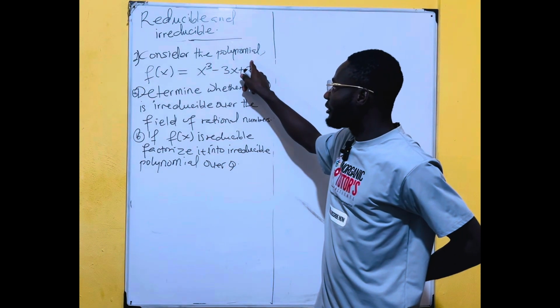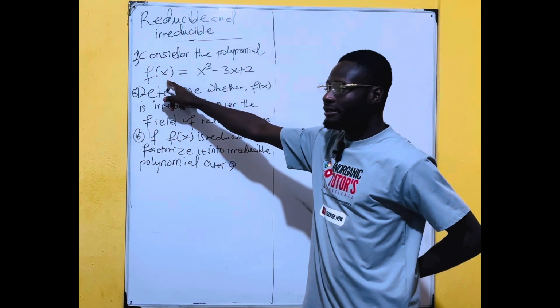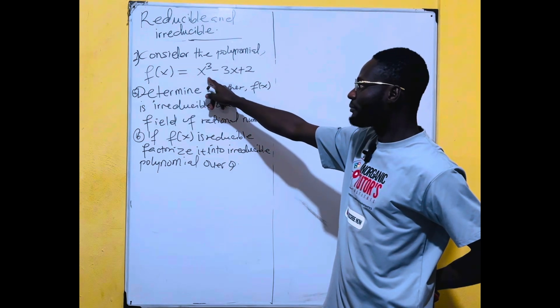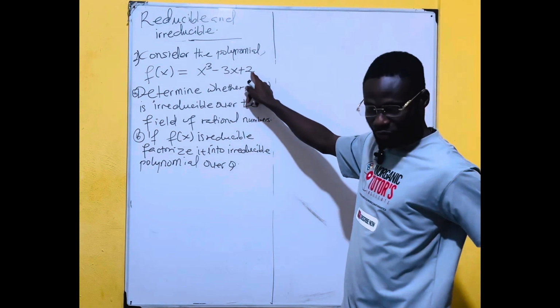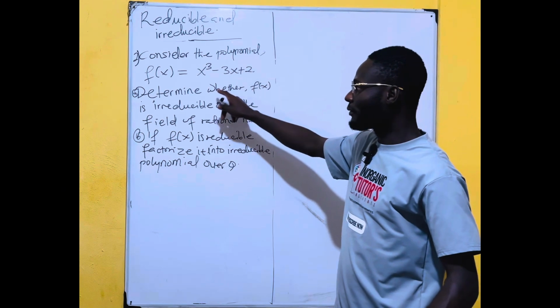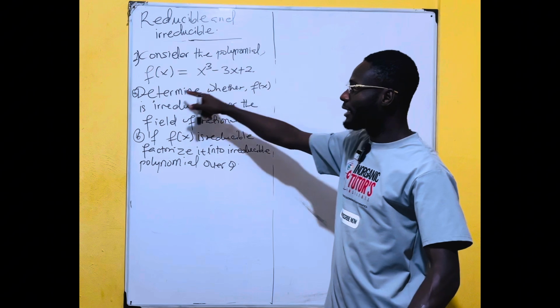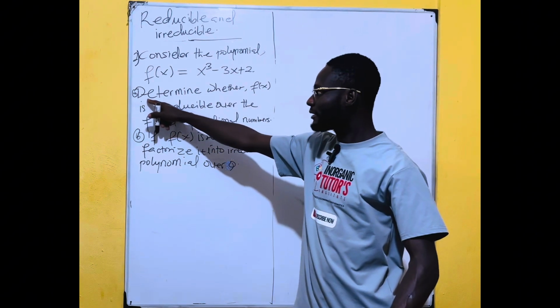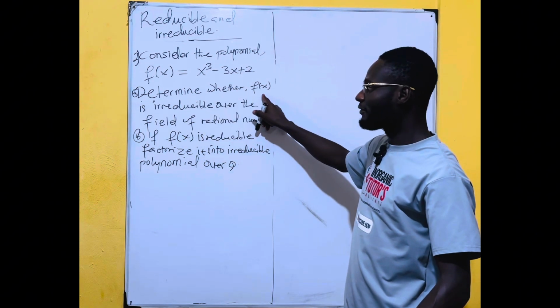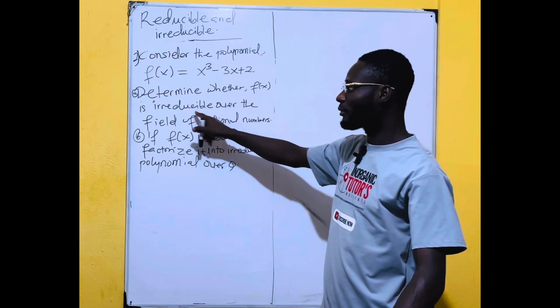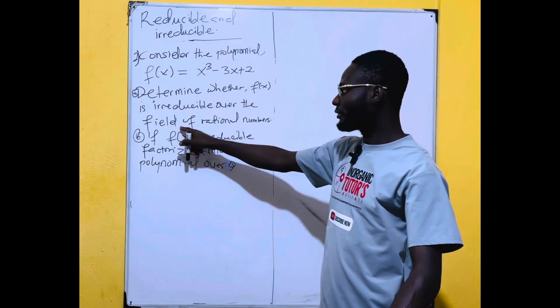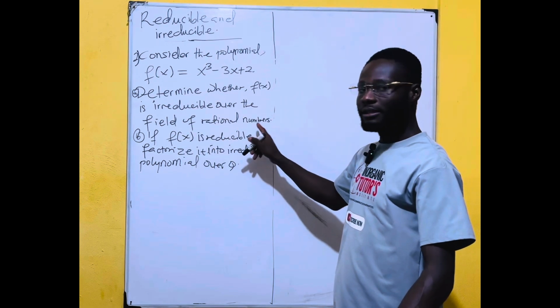Consider the polynomial f of x equals x cubed minus 3x plus 2, right? Now, this is the polynomial. And the question A is, we want to determine whether f of x is irreducible over the field of rational numbers.